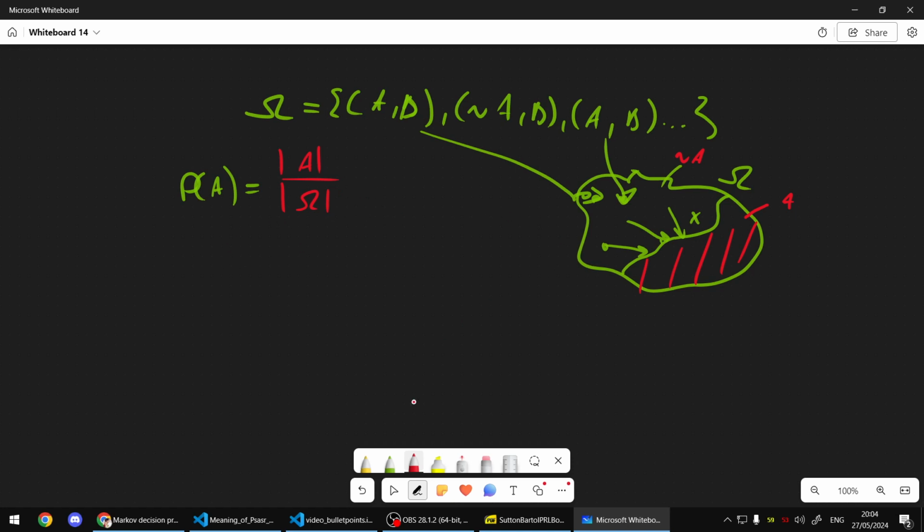Maybe we can ask another question. Maybe let's redraw this. Let's cluster the B's. Again, they will move and create some kind of arbitrary boundary, and this will be our B space.